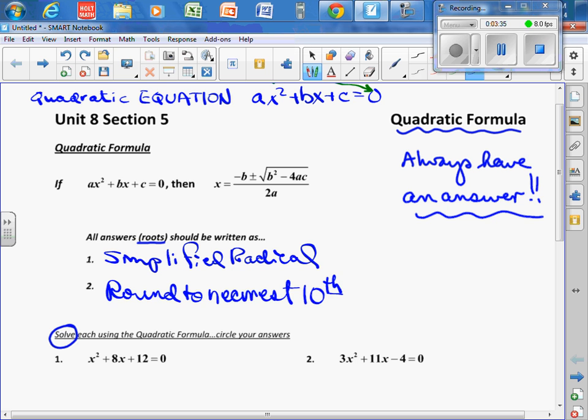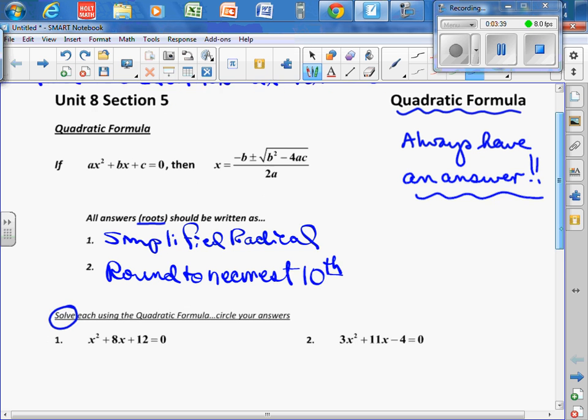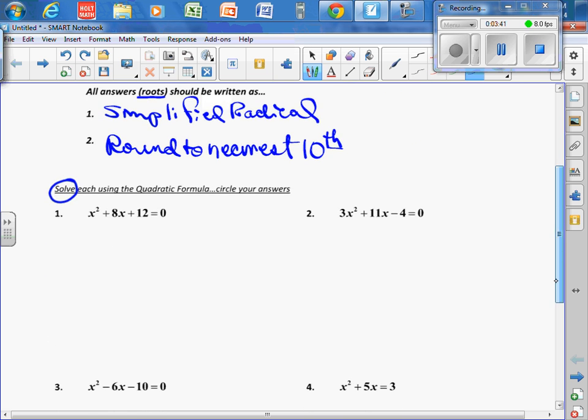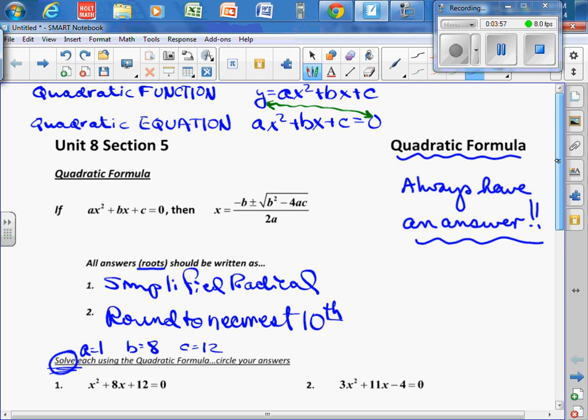But let's just take a simple one here, number 1, and let's figure out what the solutions are to solve this particular quadratic. And when we do that, we want to write down what A is, B is equal to 8, C is equal to 12, and now I always write down the formula first. X is equal to, and I would put B in parentheses because we're going to get jammed here.